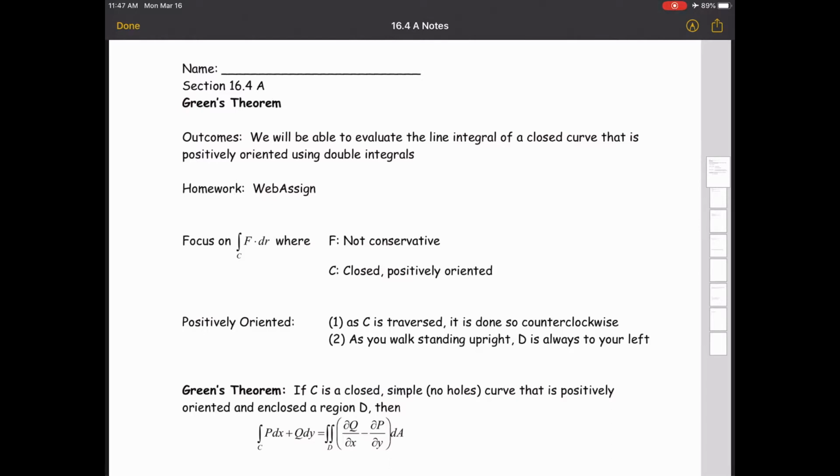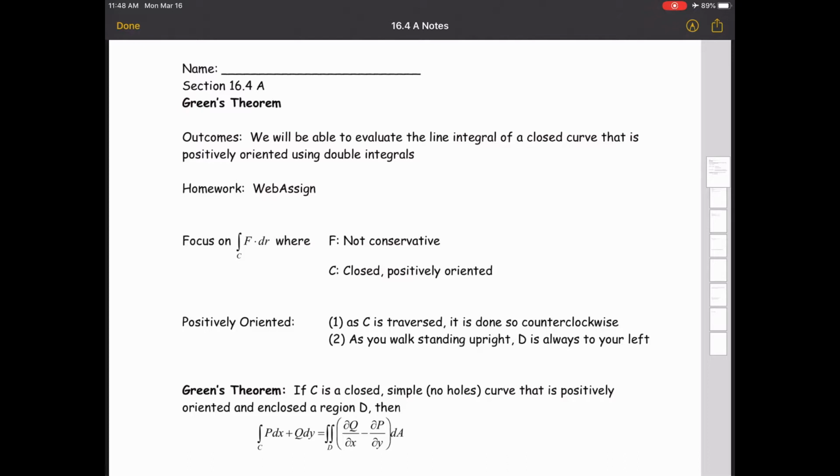So far what we've talked about is how to do line integrals, which is the integral over some kind of curve of f dot dr, where f has to be parameterized and dr is the derivative. And we've also talked about the fundamental theorem of line integrals, which can be done as long as we figure out that f is conservative.